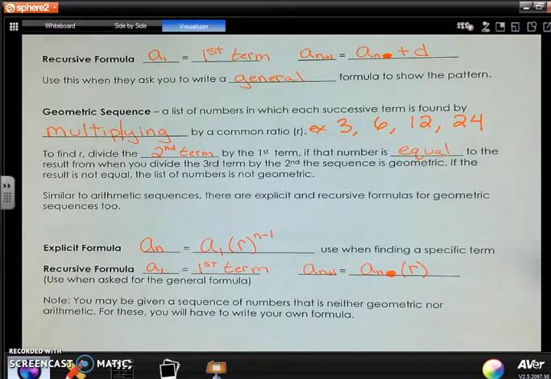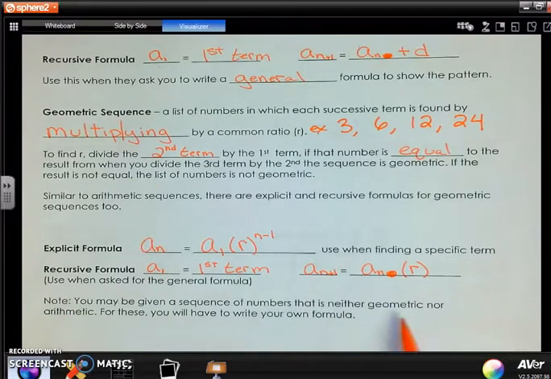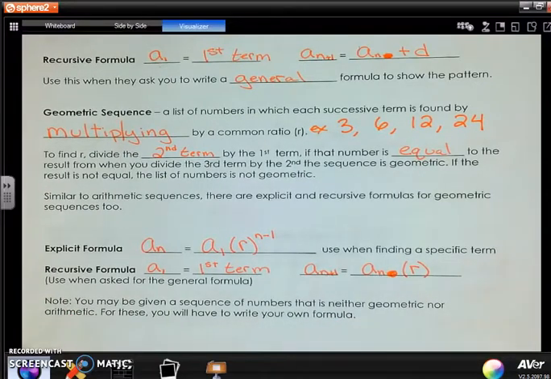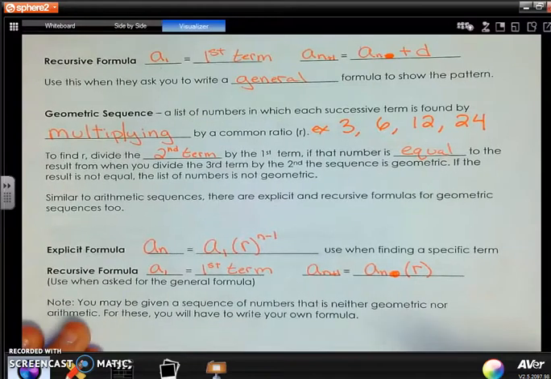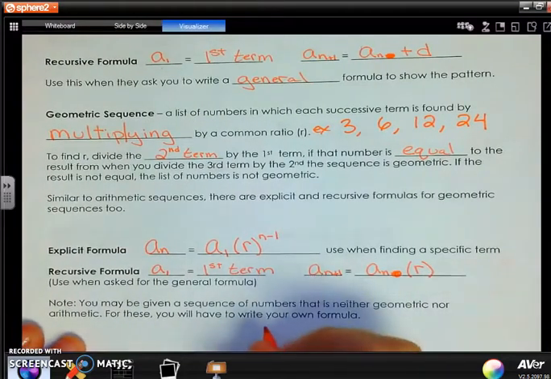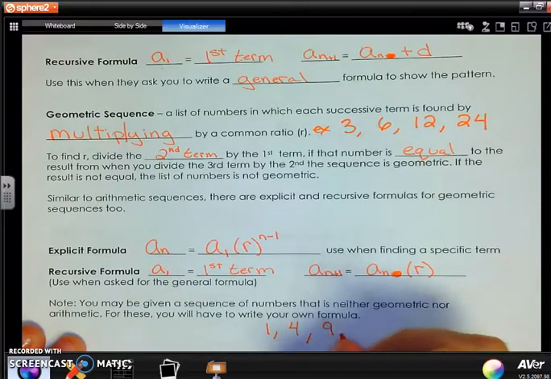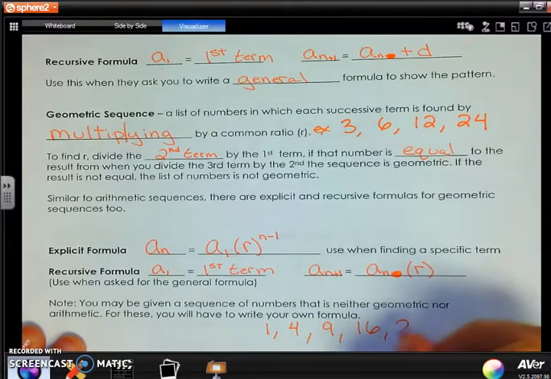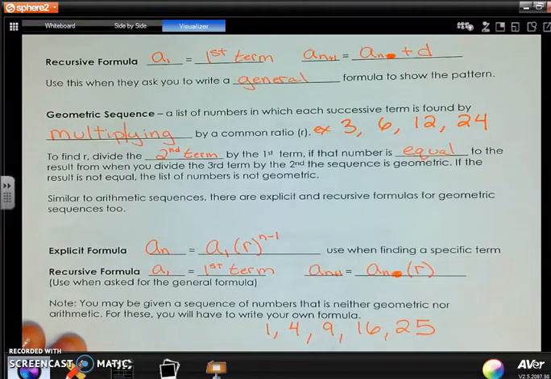Now, notice sometimes you'll be given a list of numbers that's not geometric or arithmetic. For those, you're going to have to figure out your own formula. So for example, if I give you the list of 1, 4, 9, 16, 25, right? That list of numbers is not geometric or arithmetic, because to go from 1 to 4, you add 3 or multiply by 4. But if you look at how to go from 4 to 9, well, you add 5 or multiply by 2 point something.